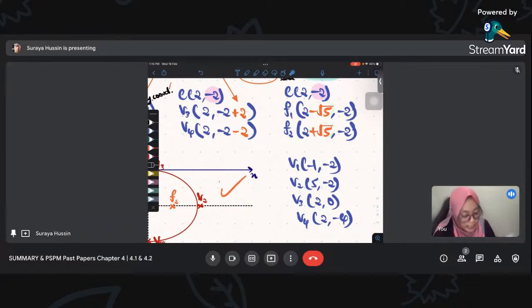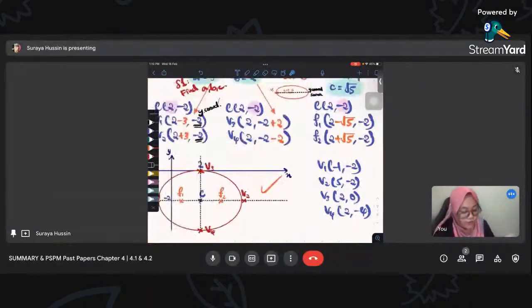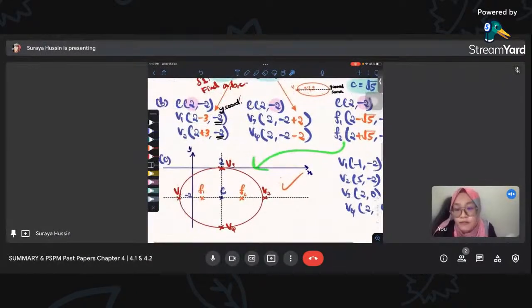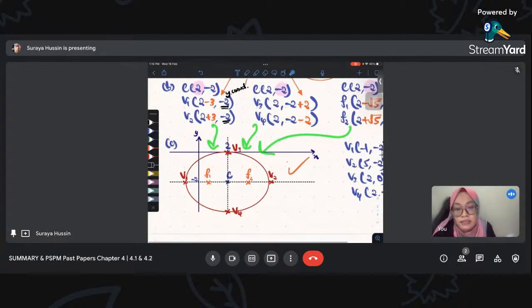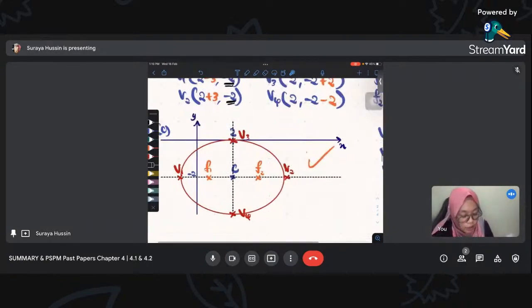You tak payah hafal, it's actually very clear with the position of the ellipse over here. Bagi saya sangat nampak melalui drawing, because this is plus C. To the right is plus C. To the left is minus C.